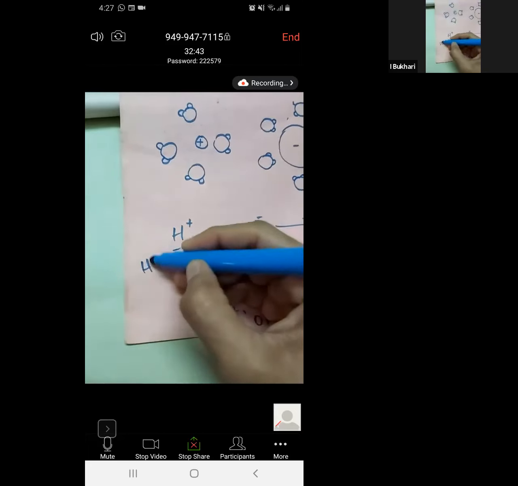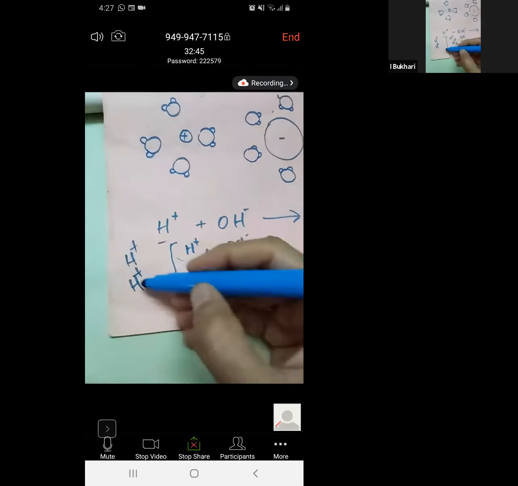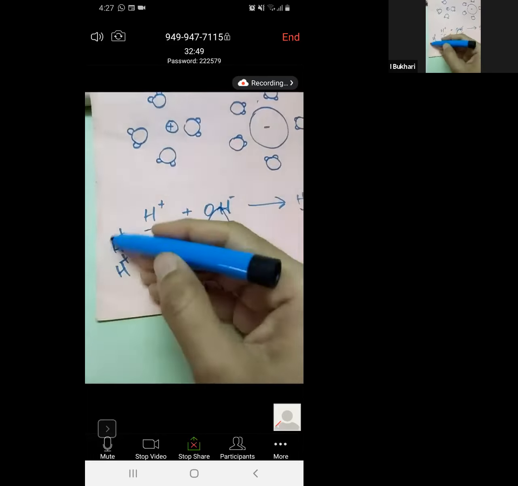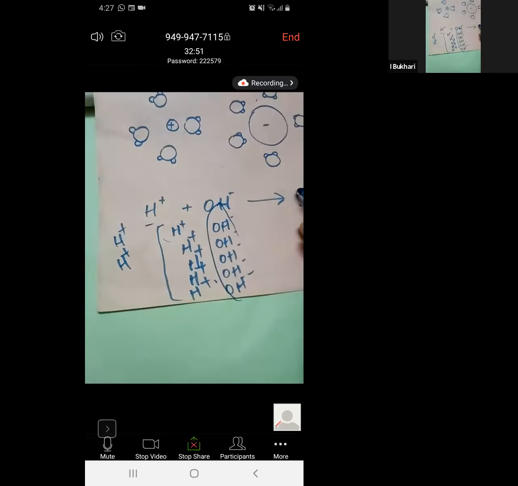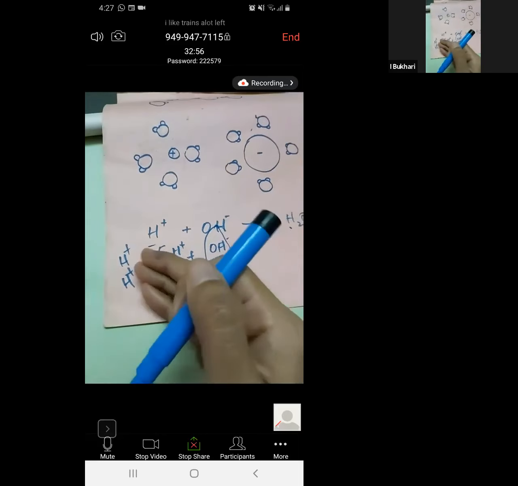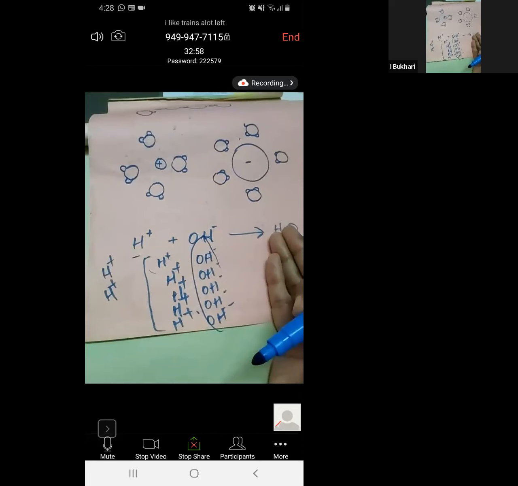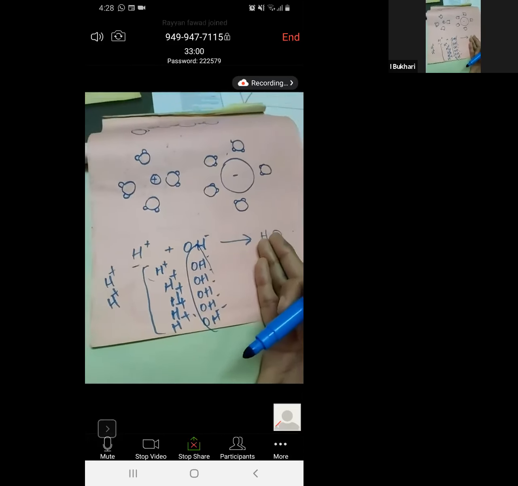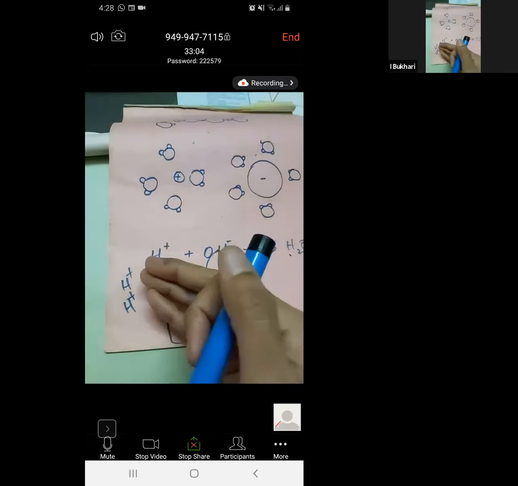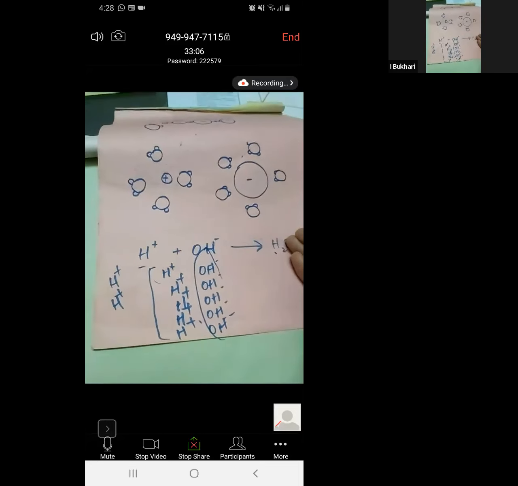So now if you add more hydrogen ions, there are no hydroxide ions left to react with, and so no more heat released. In fact, the heat is being lost to the surroundings by conduction, convection, radiation, and so the temperature is going down because no new heat is being released.